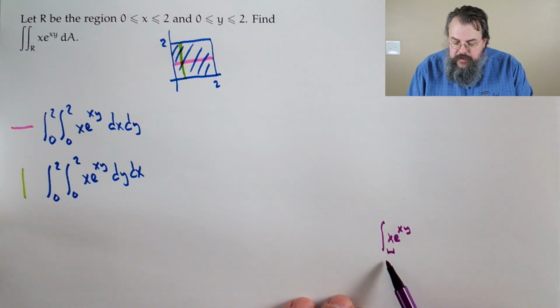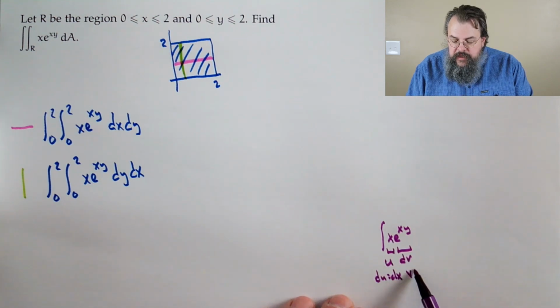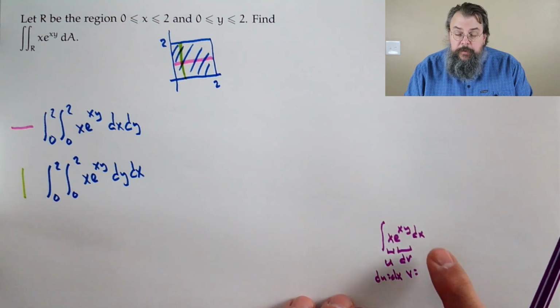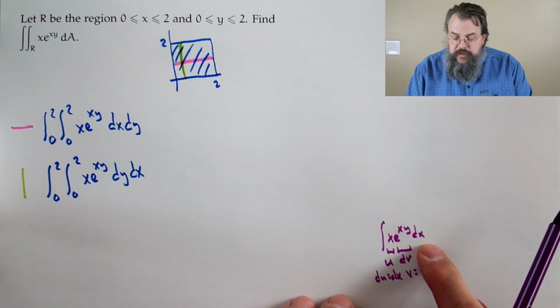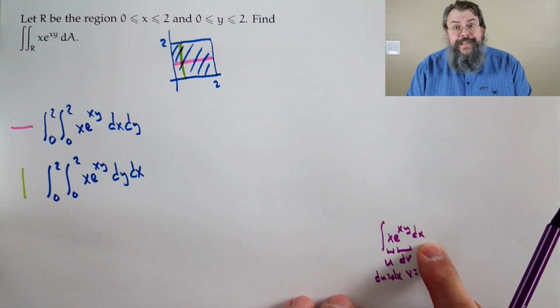You let x be the u, e to the xy be your dv, du would be dx, and v would be the integral of e to the xy with respect to x. Because remember, we're working with respect to x. Keep track of it. That notation is really key.